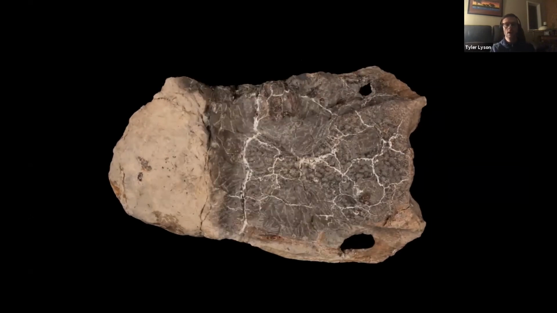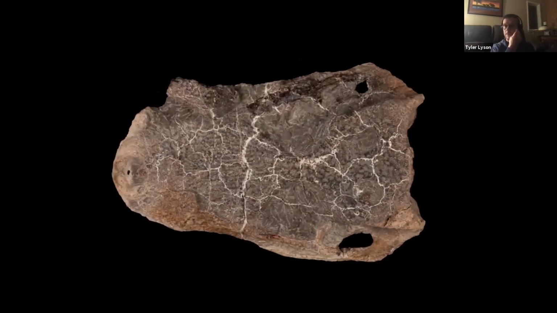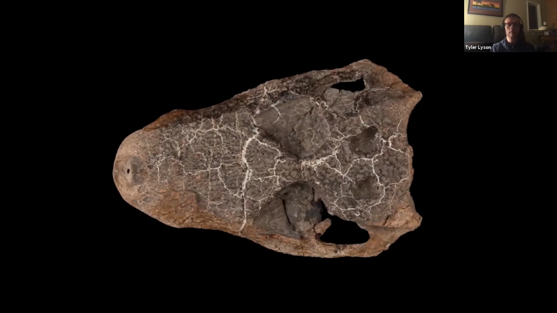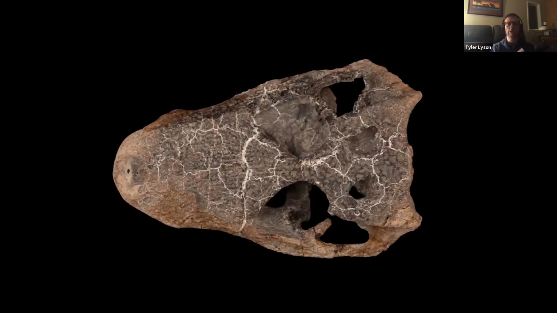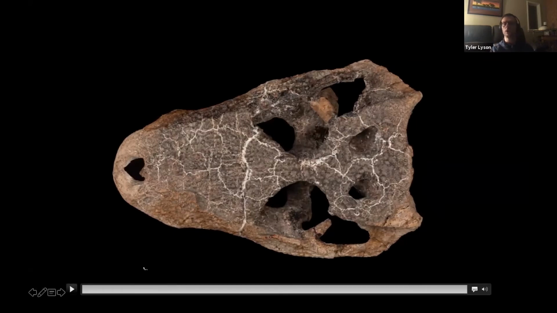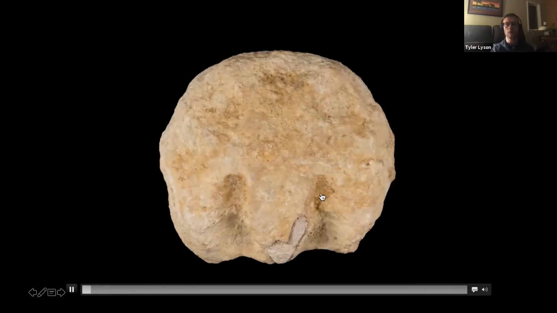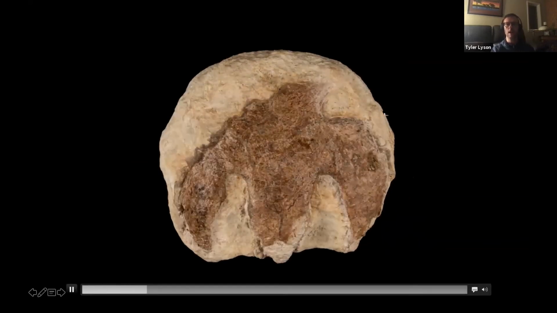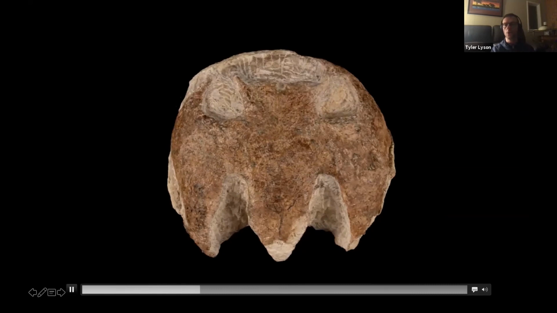And so since then, we made this discovery in 2016. We've gone back and collected hundreds of these concretions, and we're slowly getting them prepared. Here's a time lapse showing the work going from concretion to a beautiful fossil inside. And in this case, it's a crocodile skull. Here's another concretion, and you can see the prep over the course of several weeks.